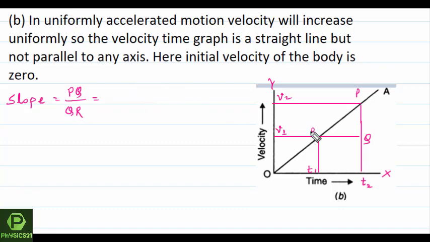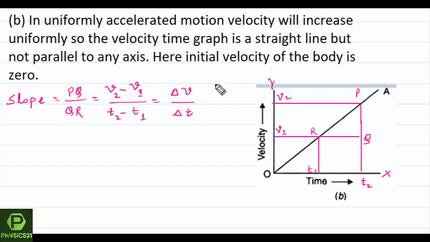From this graph, PQ is written as V2 minus V1 and QR is written as T2 minus T1. So it can be written as delta V divided by delta T.